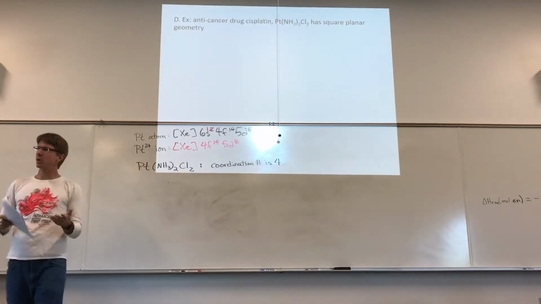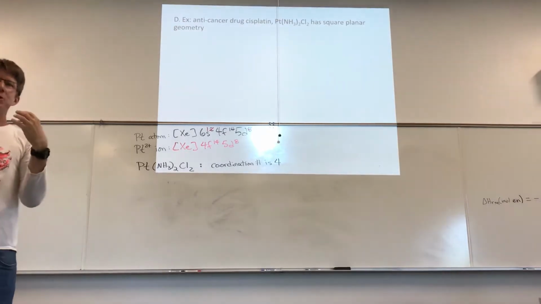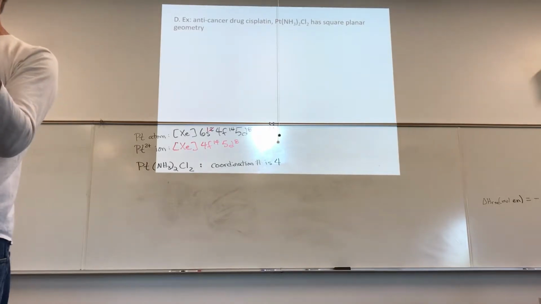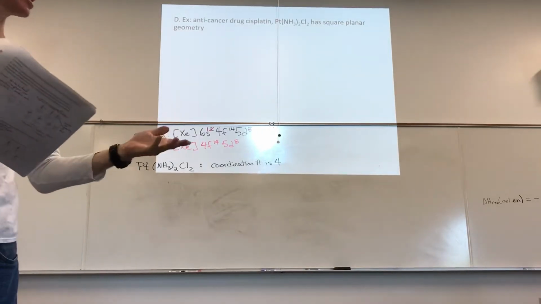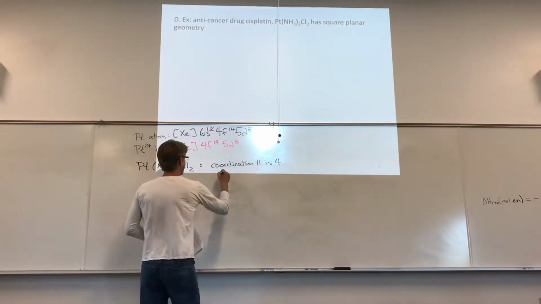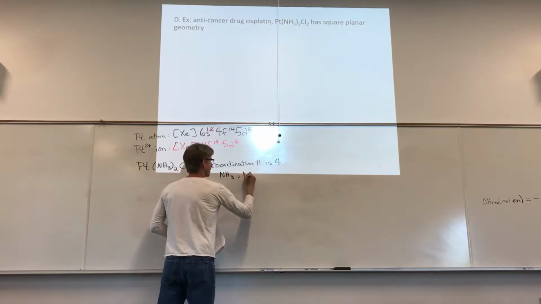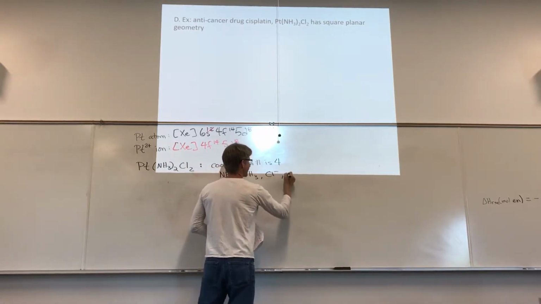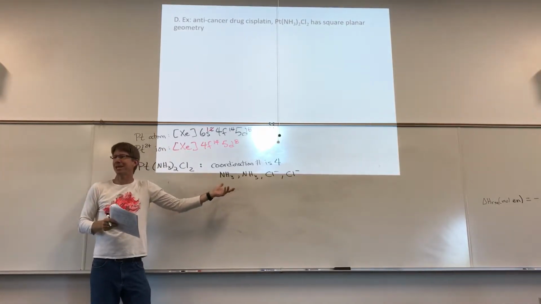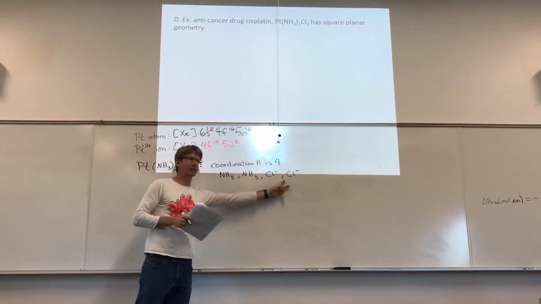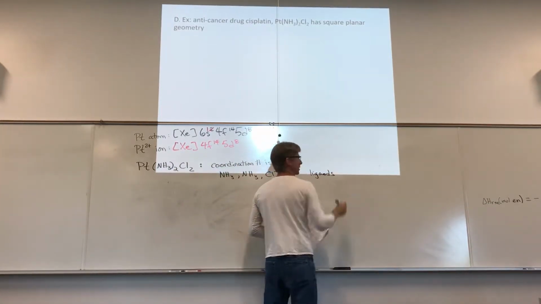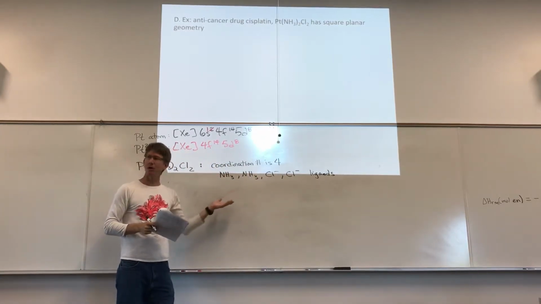And the coordination number is 4 just means there are 4 attachment points. We can't say 4 ligands because some of the ligands can be bidentate or more. Our 4 attachment points, or our 4 ligands in this case, are 2 ammonias and 2 chlorides. And in this particular case, they're all monodentate.